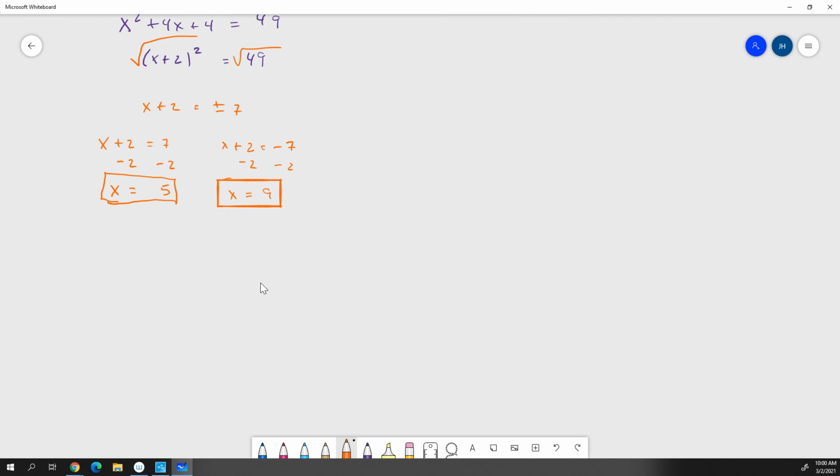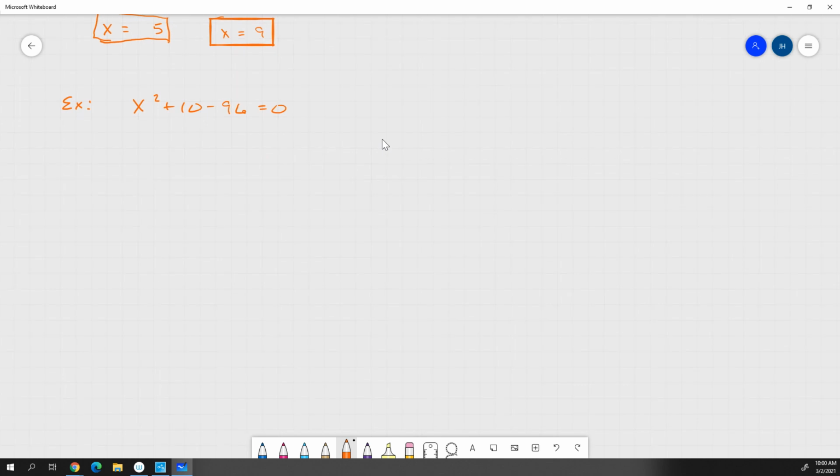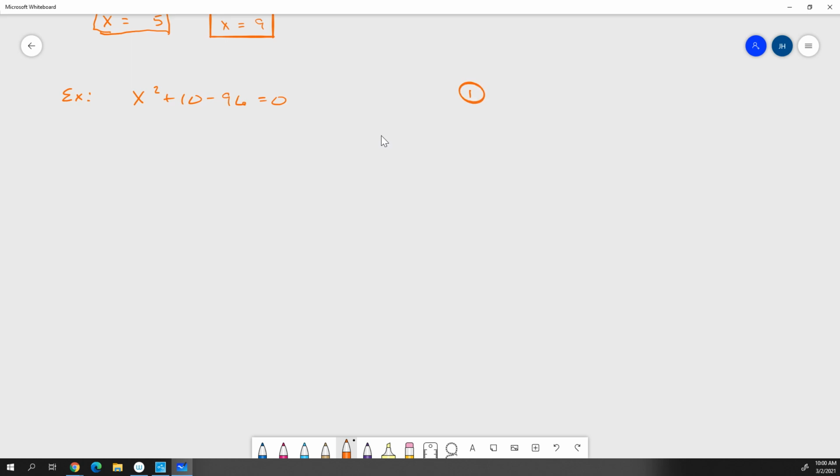So I'm going to start with, for example, x squared plus 10x minus 96 equals 0. And over here on the side, I'm just going to list the steps as we go. You'll see them in the Edpuzzle as well. So pay particular attention when you're watching the Edpuzzle, because your Edpuzzle question, the one that you have to solve for points, will relate to the steps.